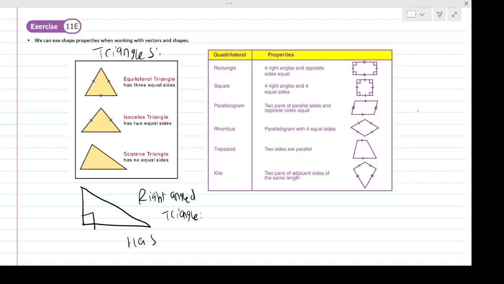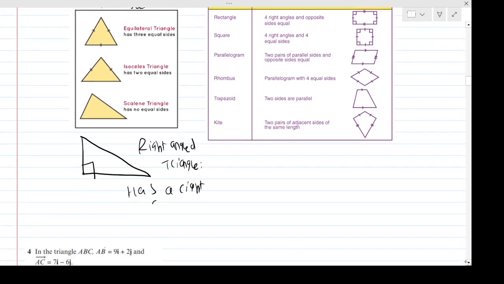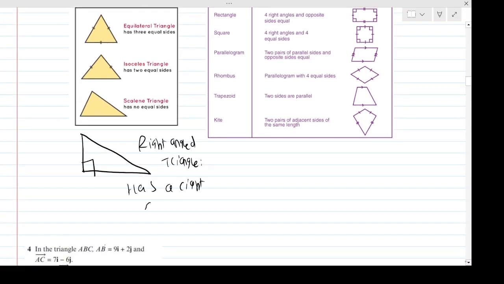But more specifically, in terms of the sides of a right-angled triangle, if you're given the sides and you want to show it's a right-angled triangle, you need to show that Pythagoras' theorem applies. So if we have the lengths a, b and c, you need to check that a squared plus b squared is indeed equal to c squared, the hypotenuse.